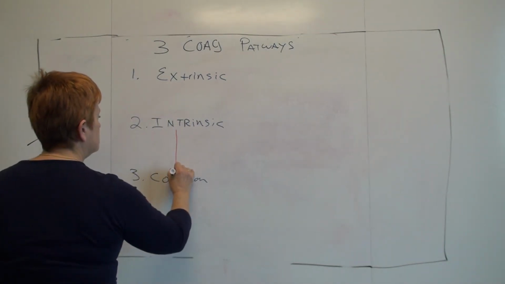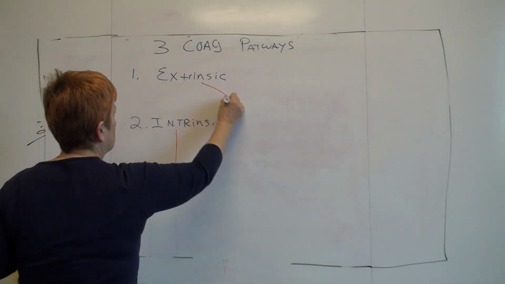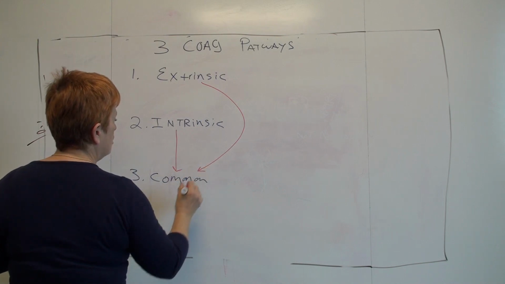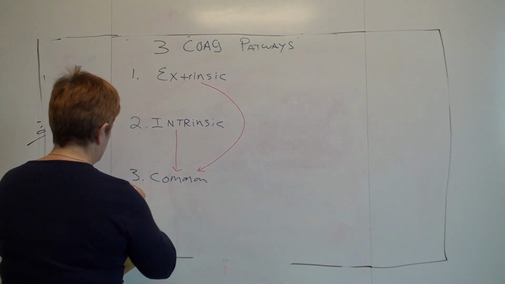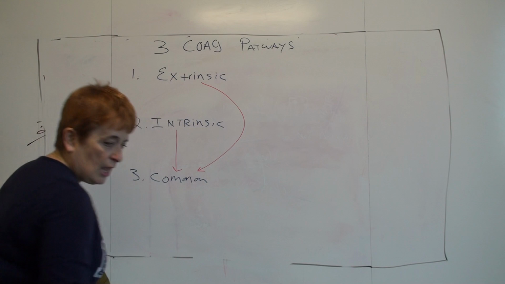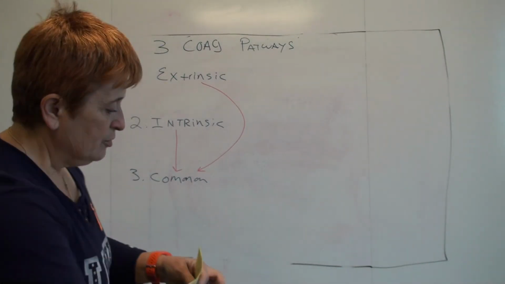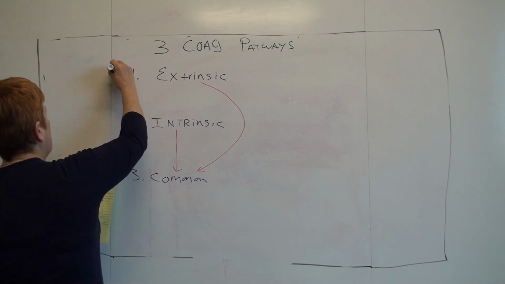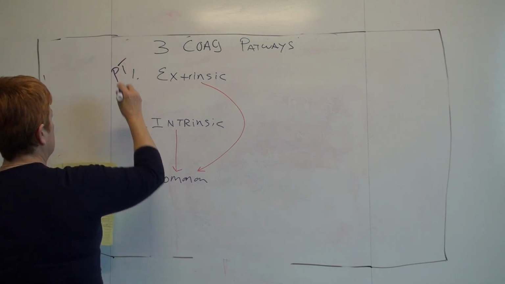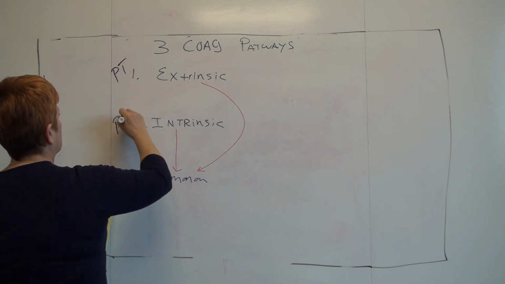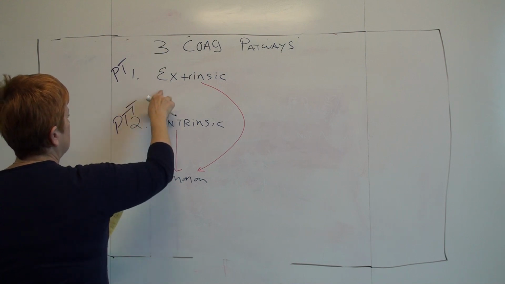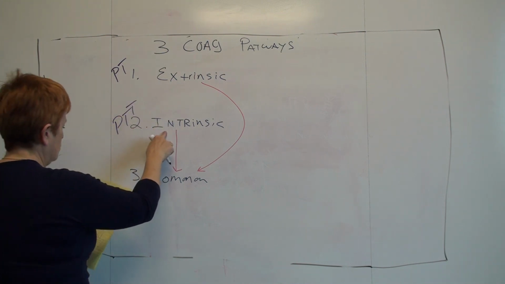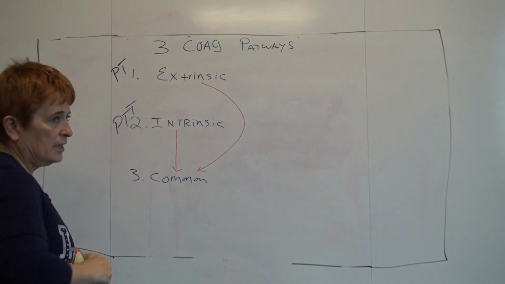Both of these are going to lead to the common. The laboratory test that we're going to do for the extrinsic pathway is called the PT. And the coag test for the intrinsic is called the PTT.